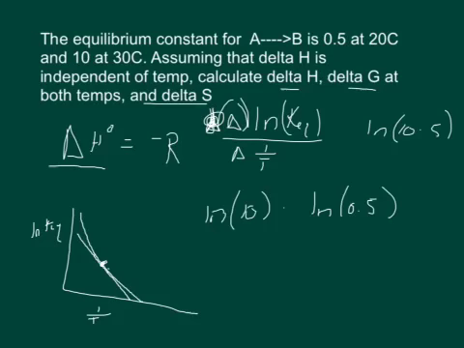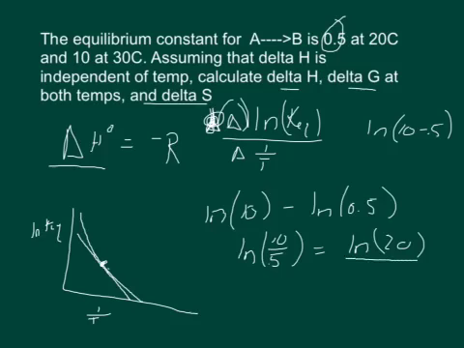And the natural log minus a natural log is the same as the natural log of 10 over 0.5. If you don't know what I'm doing here, go back to your algebra class and learn that. So we get the natural log of 20, which is our numerator.